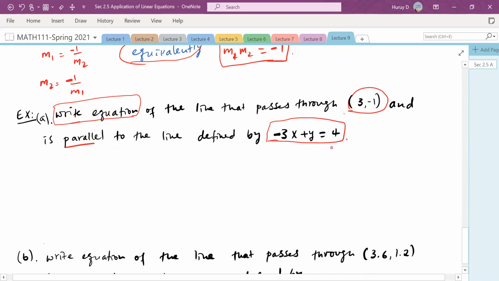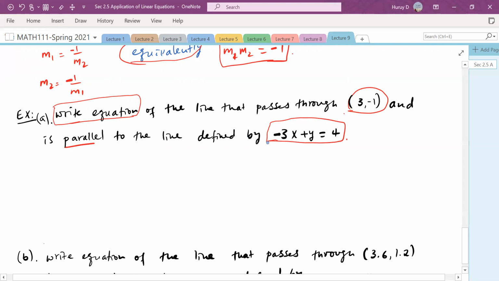Now, what does this help me? What is this information for me now? Does it help me find the equation of the other line? And the answer is, well, yes. And how? How do we use this equation?